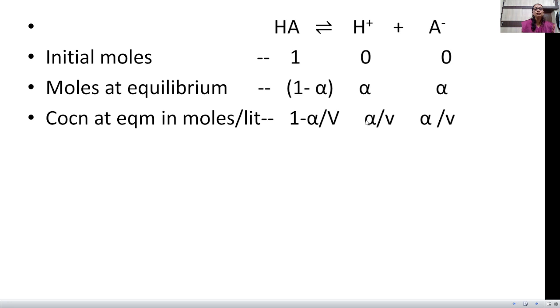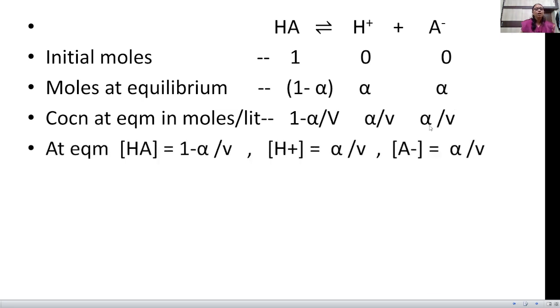As well as concentration of H plus here. Number of moles at equilibrium are alpha and solution is phi liters. Therefore, concentration at equilibrium is alpha upon phi. Similarly, concentration of A minus is also alpha upon phi. Then at equilibrium, molar concentration, this again written in terms of square brackets.